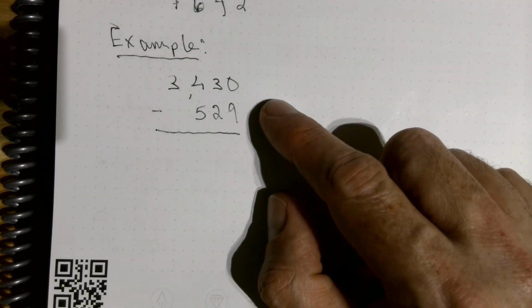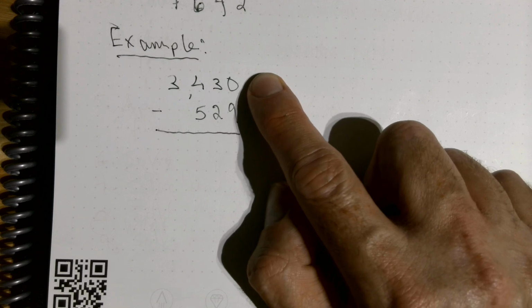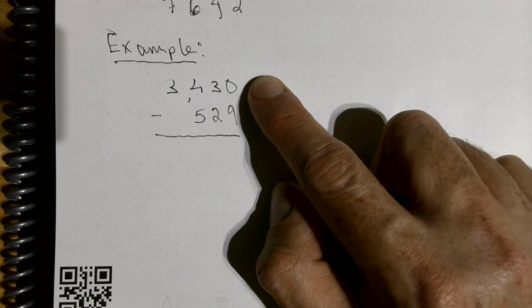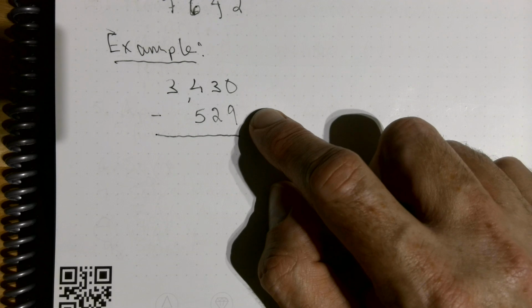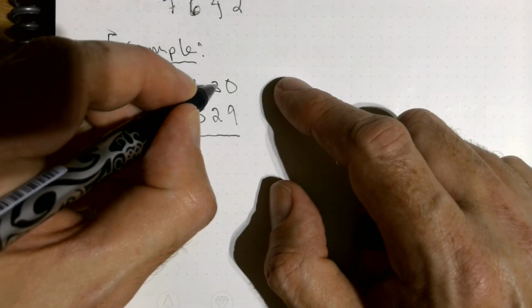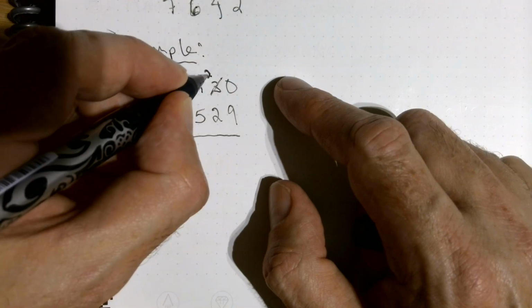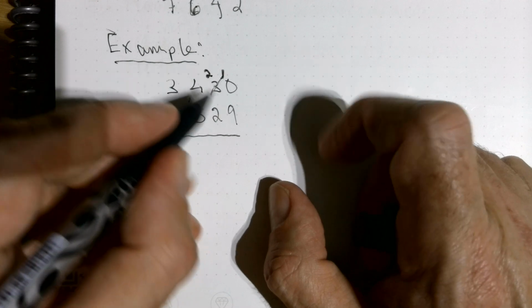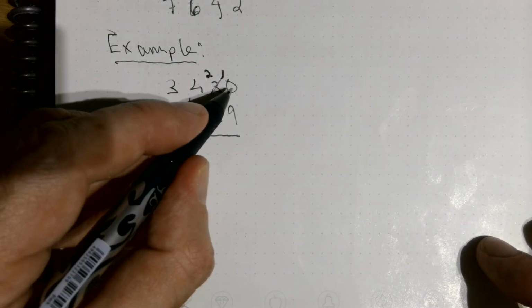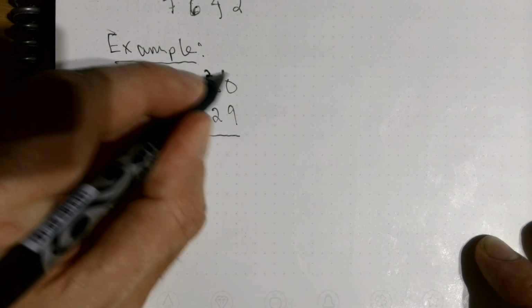Working just as before, starting over here in the ones place on top, I have a 0 and I'm supposed to take away 9. Well, I can't take away 9 if I don't have anything, so what I'm going to do is cash in one of my tens, so I'll only have 2 tens left, and I will bring 10 over to the ones place. Okay, so now I have 10 here.